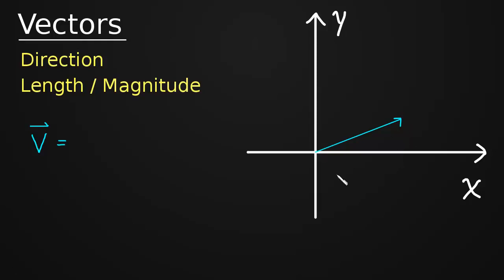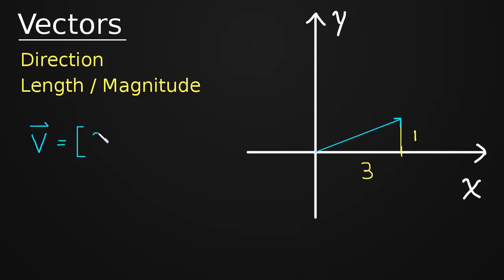Well, this vector moves over a certain amount in the x direction. Let's say, for example, it moves over 3 in the x direction. It also moves a certain amount up in the y direction. Let's say it moves up 1. Well, now I can say that this vector is equal to its components. That's a new word for us.